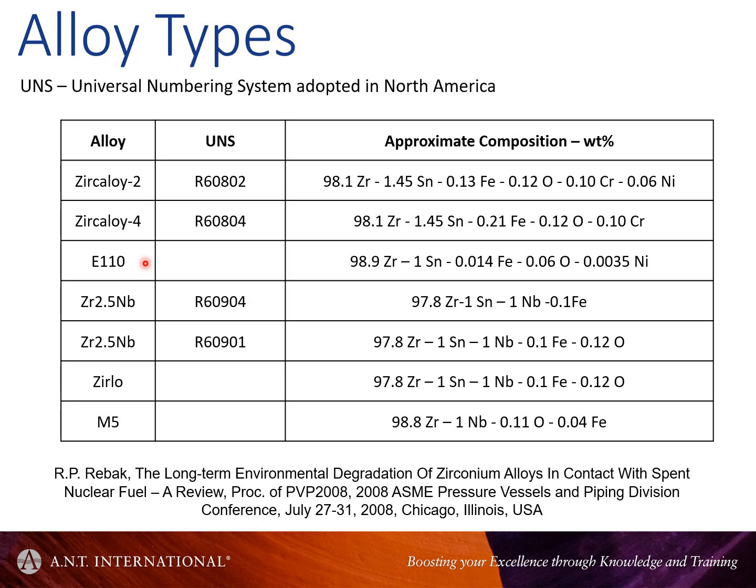E110 is used in the Russian reactors for the fuel cladding, because in Russian reactors, Zr-2.5Nb is the main pressure tube material. But ZIRLO is a more recent innovation from Westinghouse, I think. M5 comes from Framatome.